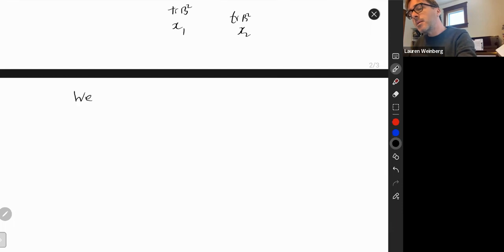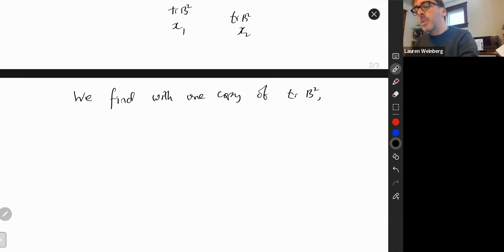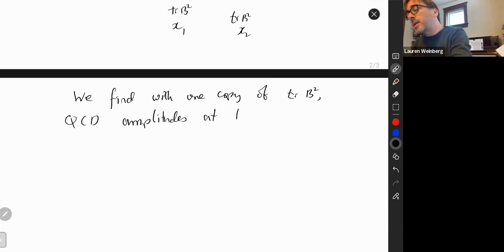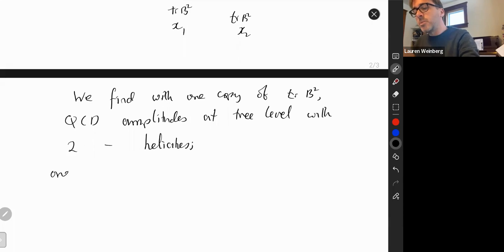So we find that with one copy of trace B squared, you get QCD amplitudes at tree level with two negative helicities, one loop with one negative helicity, and two loop all plus.